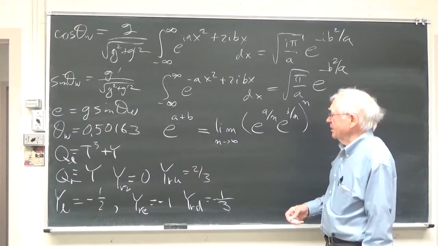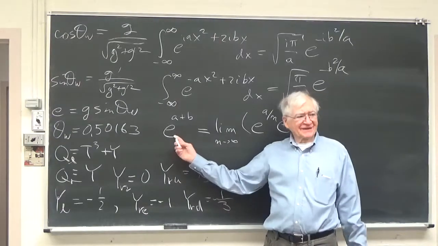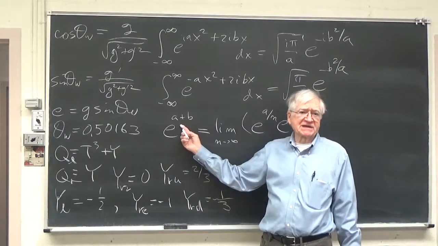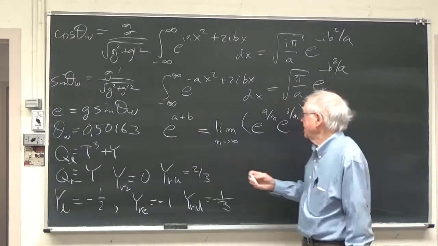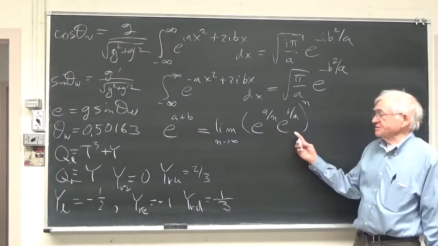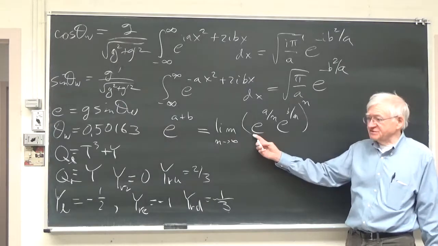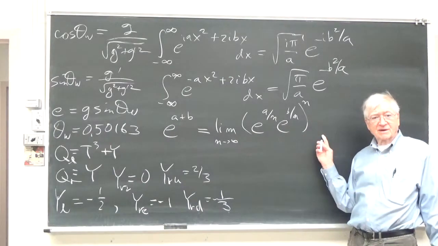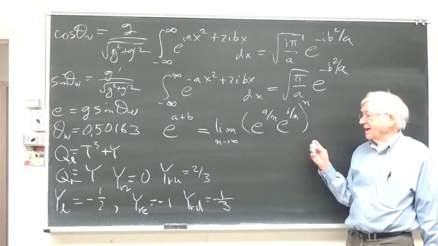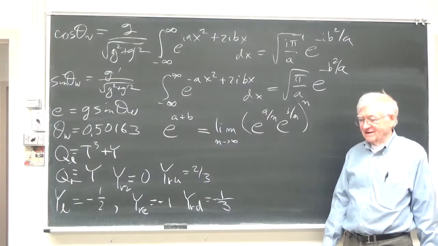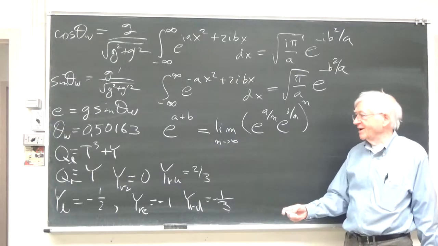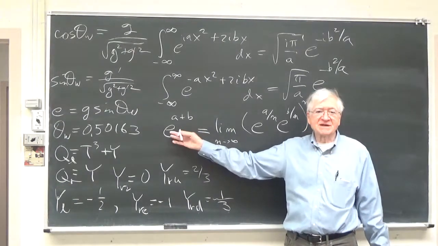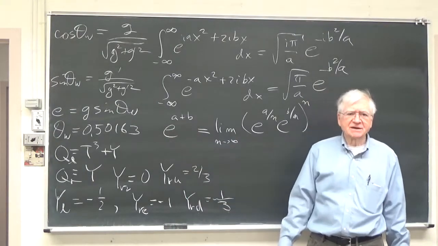If a and b don't commute, the term on the left-hand side is symmetrically ordered with respect to a and b. The term on the right is also symmetrically ordered except for the first term and the last term. What do you mean symmetrically ordered? I mean that there's no preference for a over b or b over a. Here it does, because they don't commute.